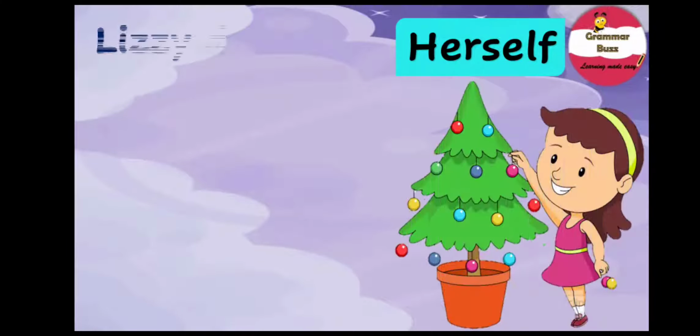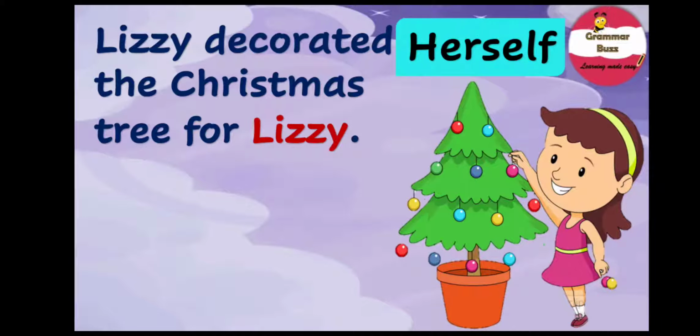Now take a look at this sentence, and it says, Lizzy decorated the Christmas tree for Lizzy. Yes, that's right. Here Lizzy is the subject and the object of the sentence. Well, you already know that the subject of a sentence is the doer of the action of the verb, and the object is the receiver of the action of a verb in a sentence.